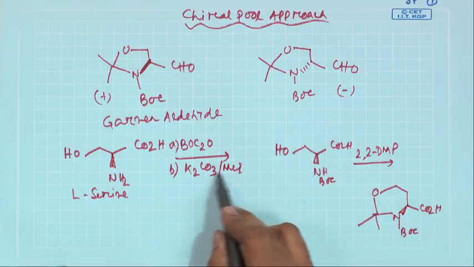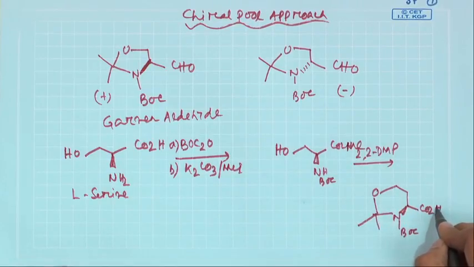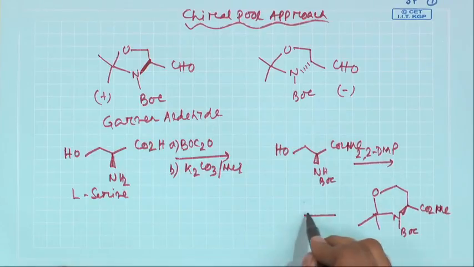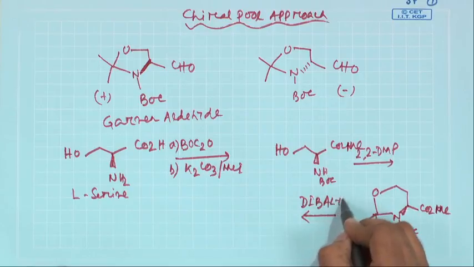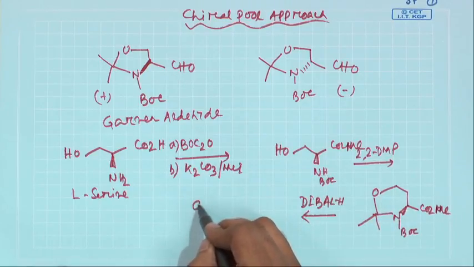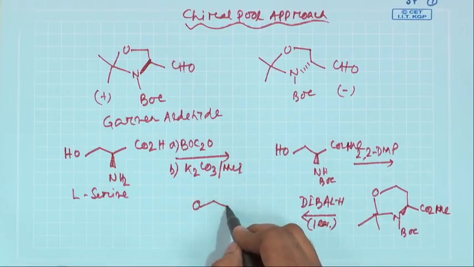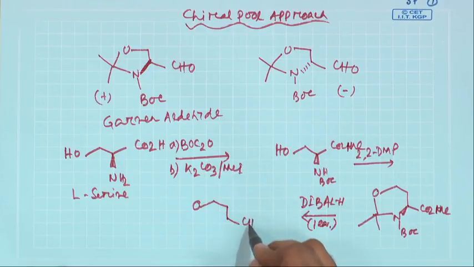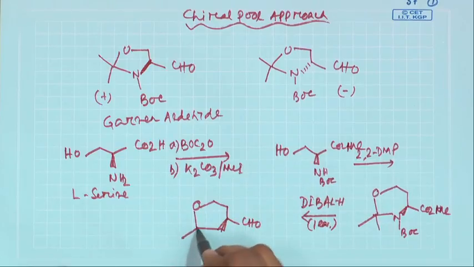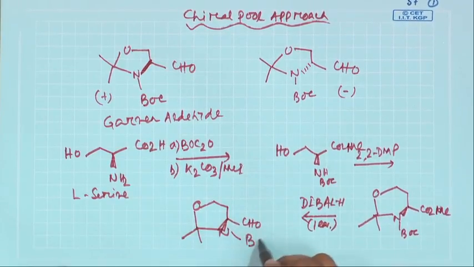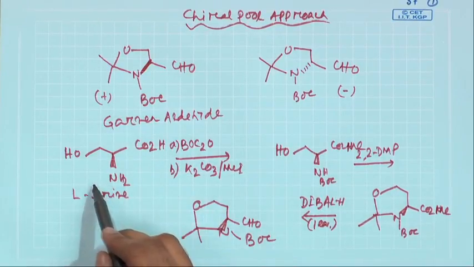Now, if you use potassium carbonate and methyl iodide here, it will convert this carboxylic acid to the methyl ester. This is also required. Now, the simple thing is you do a selective reduction with DIBAL, which can reduce the ester to its corresponding aldehyde, which is very well known in the literature. So, what exactly do you have now? One enantiomer of this Garner aldehyde can easily be prepared starting from L-serine.